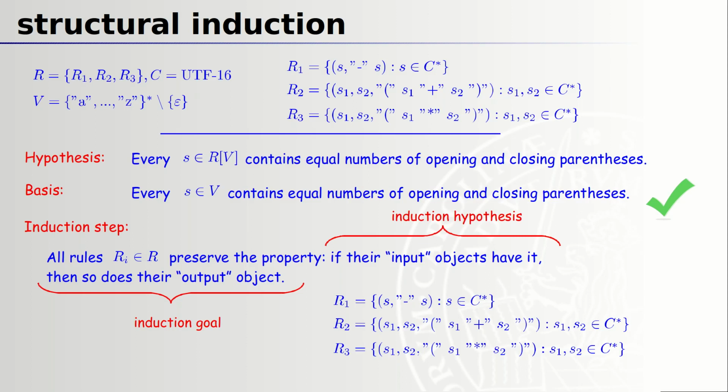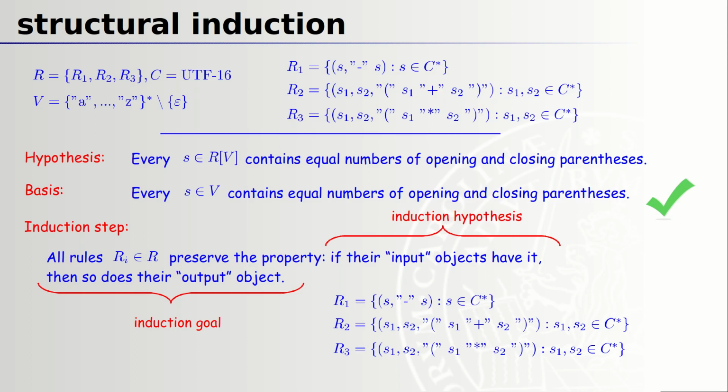The other two rules, R2 and R3, have two input objects, which they wrap in parentheses with an operator symbol between them. The number of opening parentheses of the output object is the sum of the opening parentheses of the two input objects plus 1. And similarly for the closing parentheses.